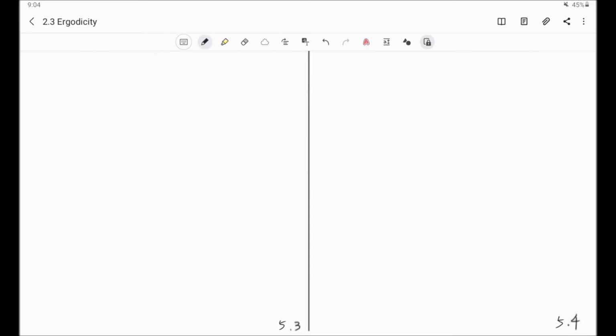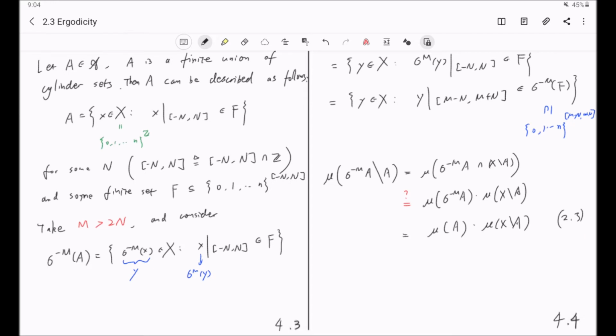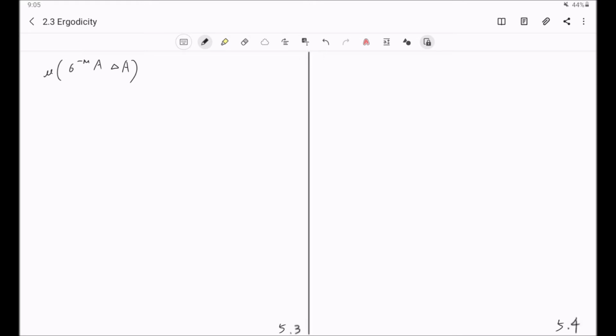Okay, now in order to approximate the measure of the symmetric difference of sigma inverse A with A, which is by this equality equal to the product of mu of A and mu of A complement, we shall use a triangle inequality in measure theory.